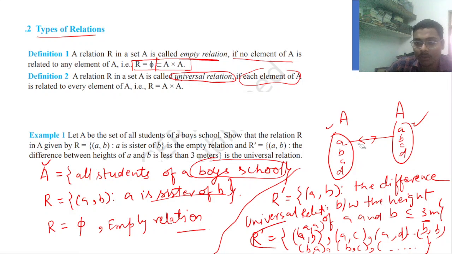A is related to A, and A is also related to B, A is also related to C, because the difference for A to A is less than 3, A to B is less than 3, A to C is less than 3. So we can consider all the elements of A to each other. Then B to A, B to B, B to C, B to D, C to A, C to B, C to C, C to D, D to A, D to B, D to C, D to D. That's why this relation is the universal relation.